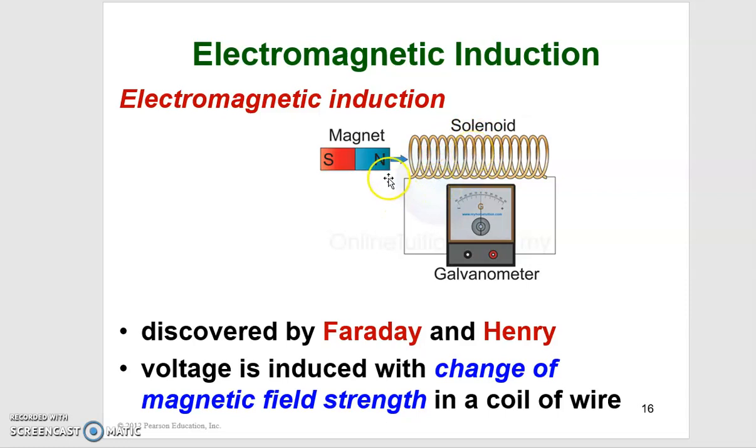Vice versa, if the bar magnet is now moving away from the coils, originally you have the magnetic field here, but now it becomes smaller and smaller. Once again, nature does not like it, so it will produce an induced magnetic field to try to stop the bar magnet from moving away.